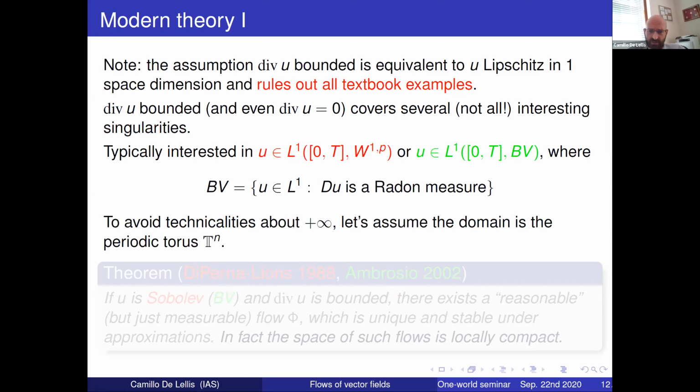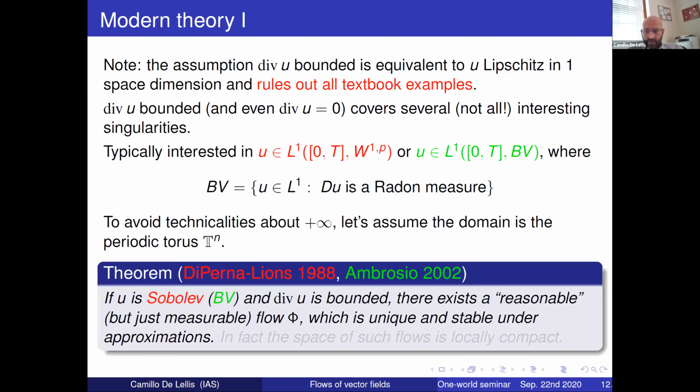In the rest of the talk, if I wanted to be precise, I'd have to introduce some information about the behavior of the vector field at plus infinity if I am on the whole space. To avoid these technicalities, I'm going to assume that my domain is the periodic torus. That lets us focus on what are, at least in first approximation, the biggest issues when you try to extend the classical Cauchy-Lipschitz theorem.